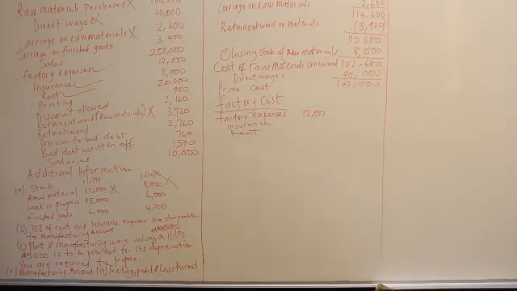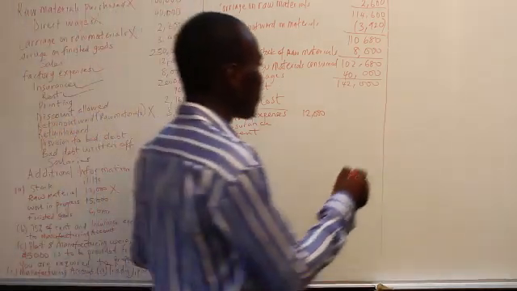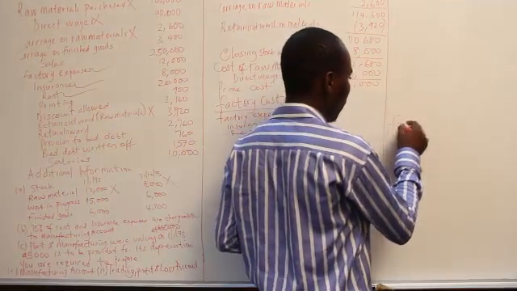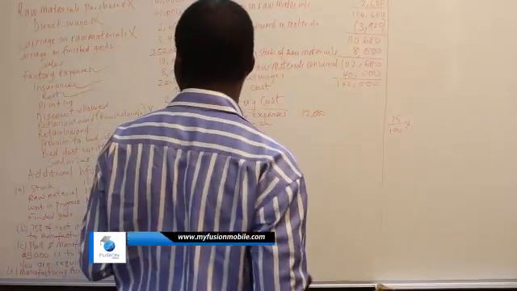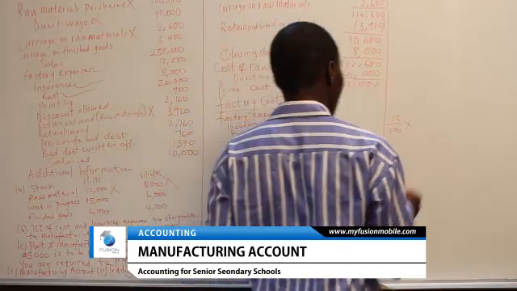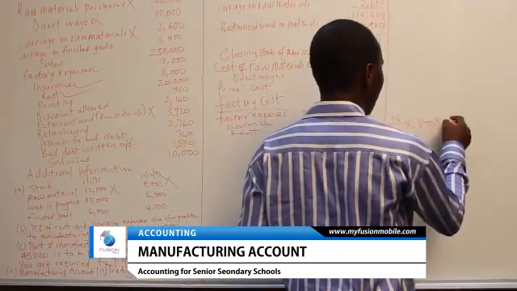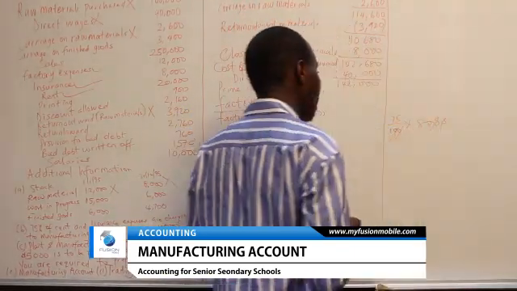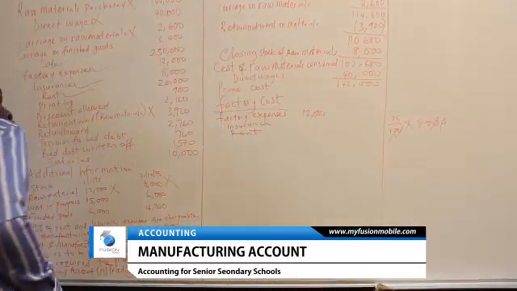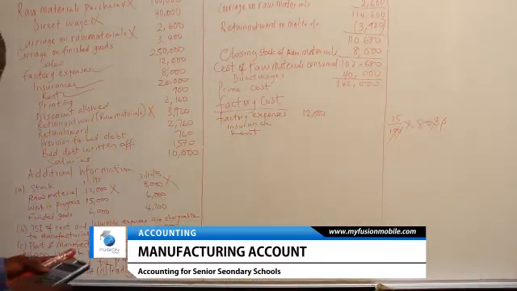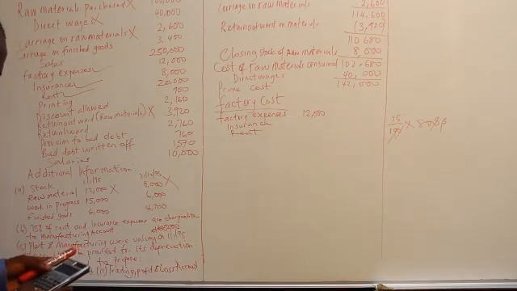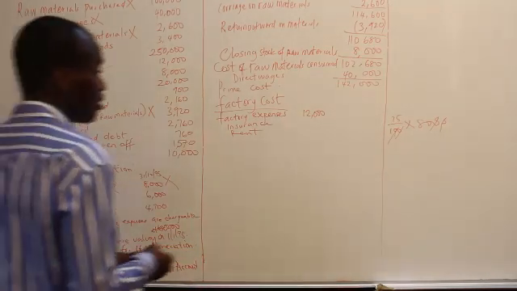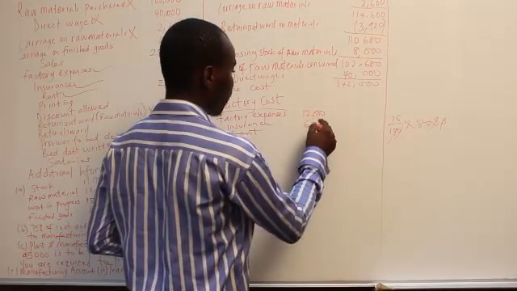So 75% of insurance, that is 75 over 100 times insurance, which is 8,000 naira. Cancel the zero, so 80 times 75 amounts to 6,000 naira to be taken to the manufacturing account.